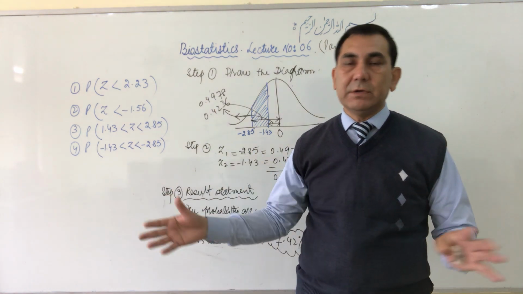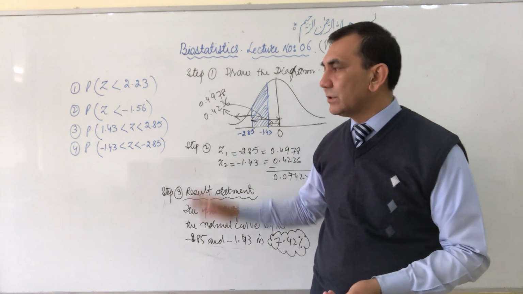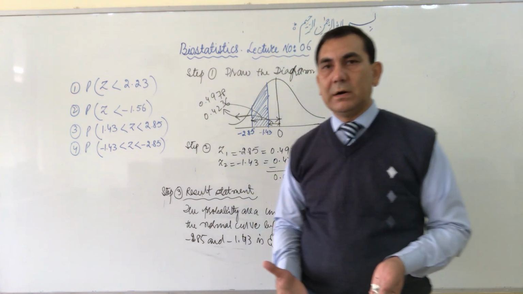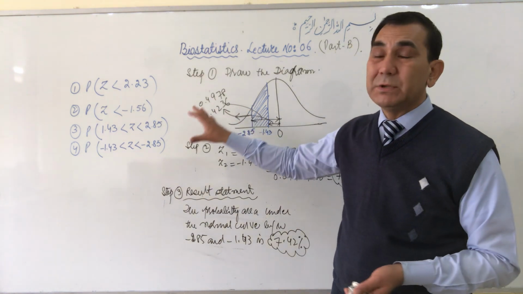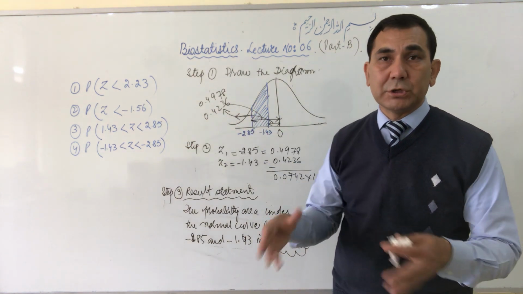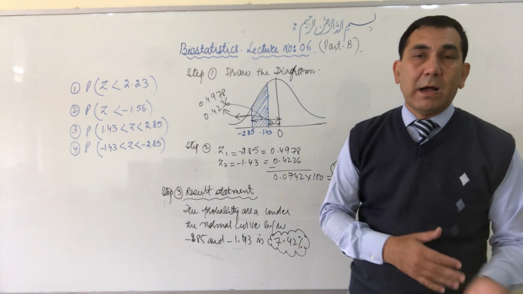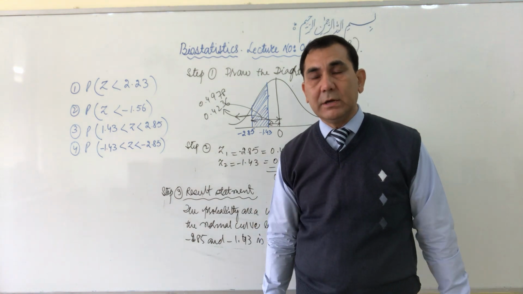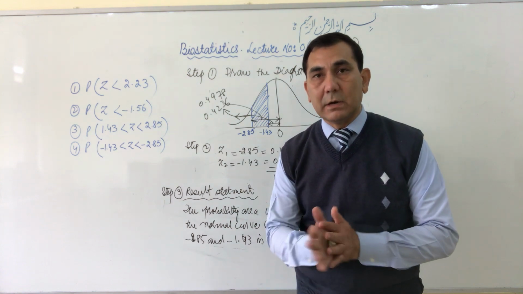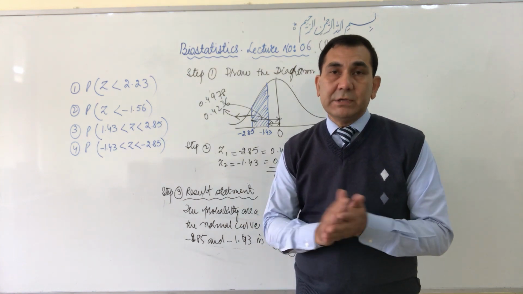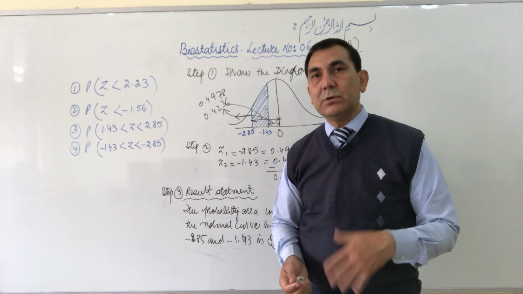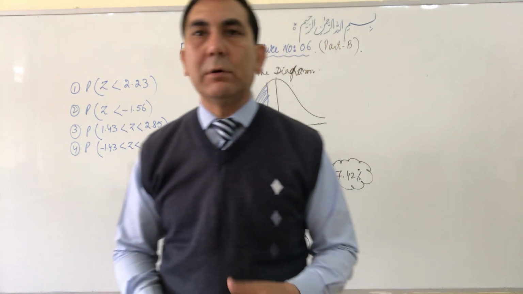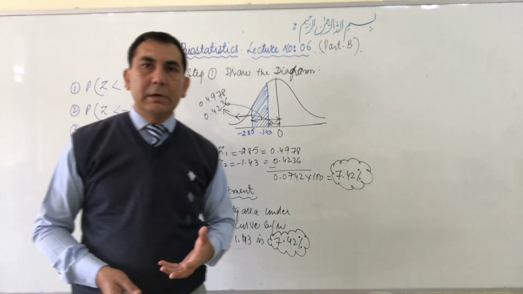In yesterday's lecture we solved 3 numericals; in today's session we again solved 4 numericals. I hope today's session has cleared your concept about the probability area under the normal curve. If you have any query or question, you can email me or comment in my YouTube channel inbox, and I will reply properly.